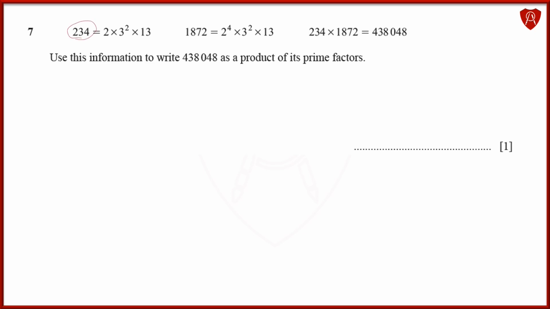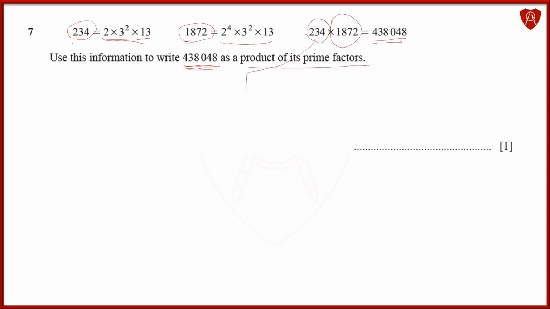This number can be expressed as a product of its prime factors. This one too. Here are the prime factors. Now if we take this first number and multiply with the second number, we get this large number here, which we are required to express as a product of its prime factors.